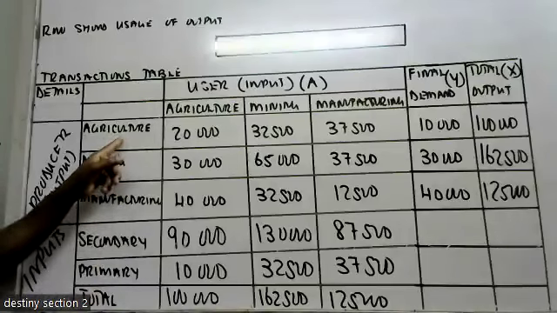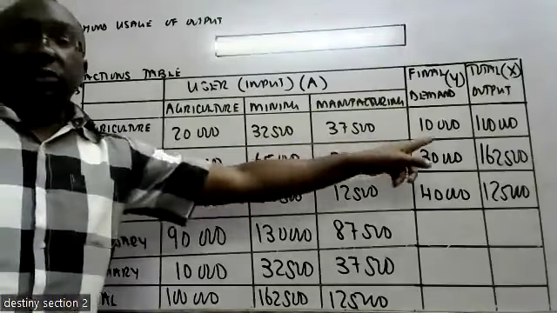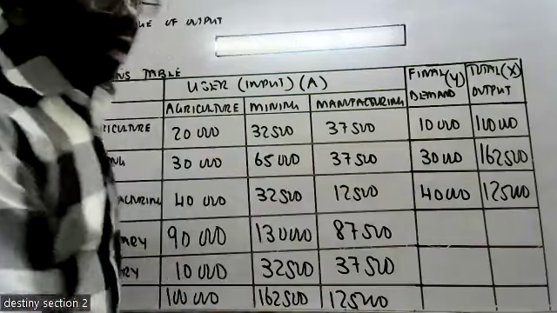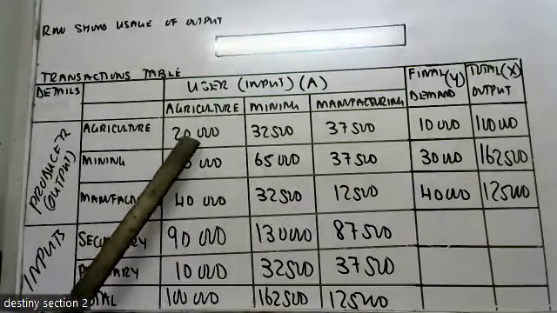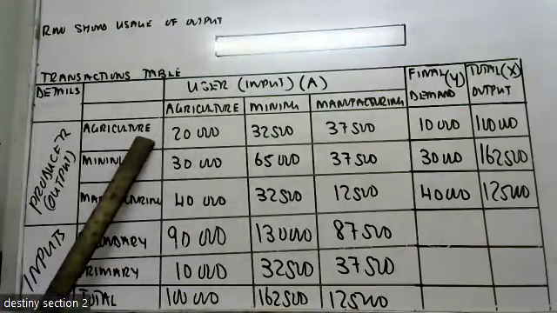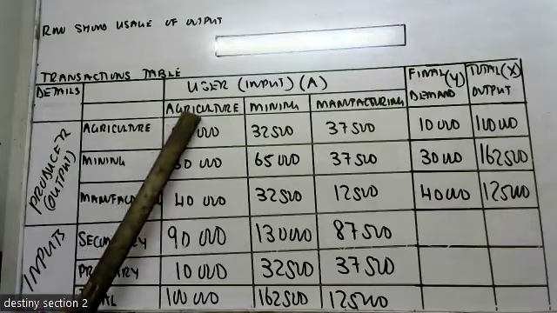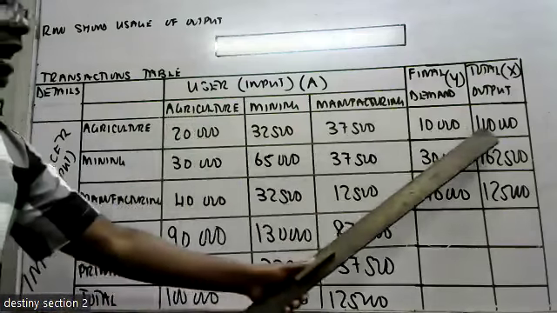This is agriculture. So when we are going this way, we are talking of the output from agriculture. So 20,000 is the output from agriculture that is used by agriculture so that agriculture can produce 100,000.